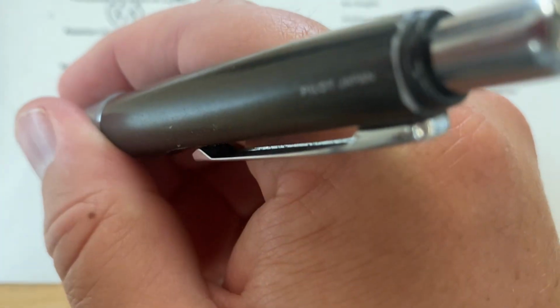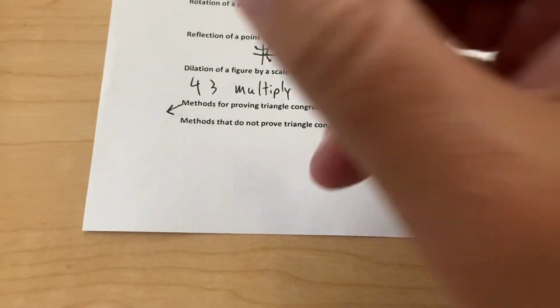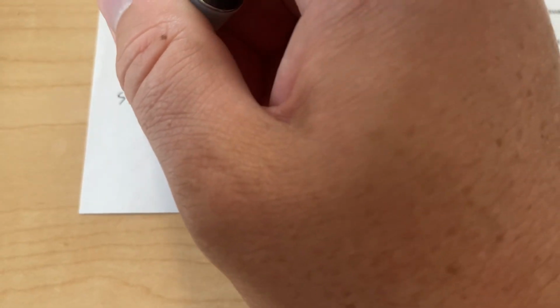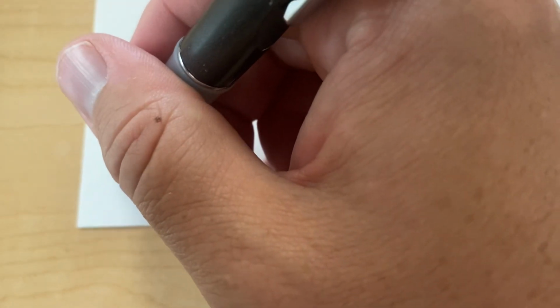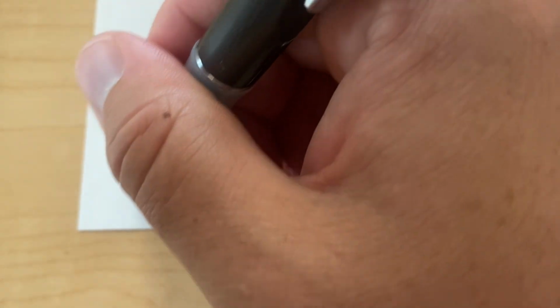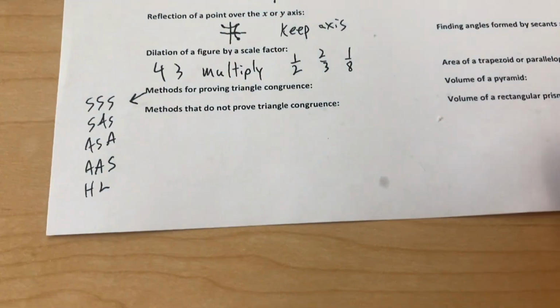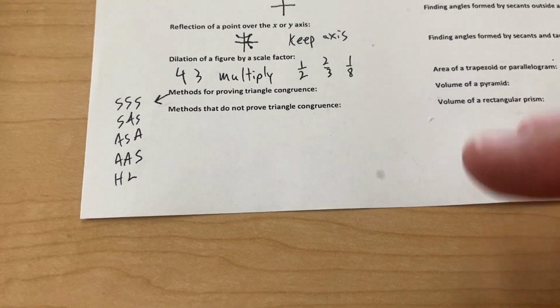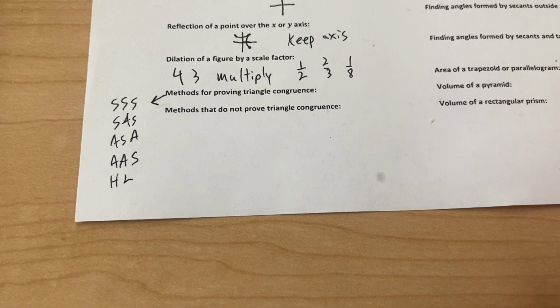The methods for proving the triangle congruence, that is side, side, side; side, angle, side; angle, side, angle; angle, angle, side; and hypotenuse leg. All those very specific ways that they go together.